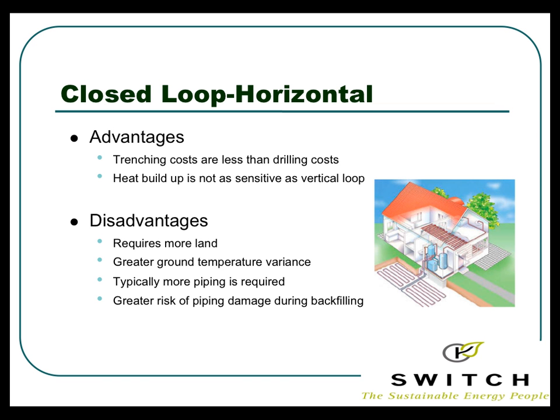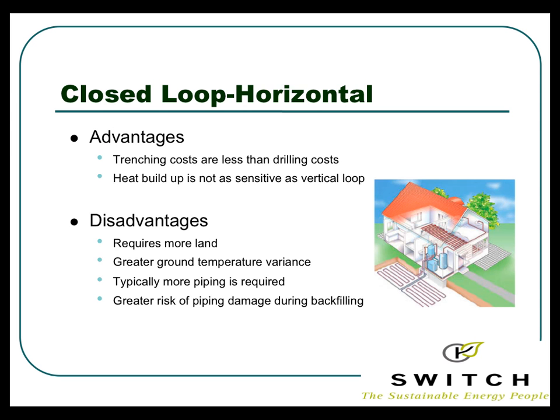With a geo-exchange system, basically the cost difference is really in the loop, okay? To buy a normal furnace and a normal air conditioning system or to buy your geo-exchange heat pump, those costs are relatively similar. The cost difference comes in the loop. So the loop is where you're looking to save money, okay?